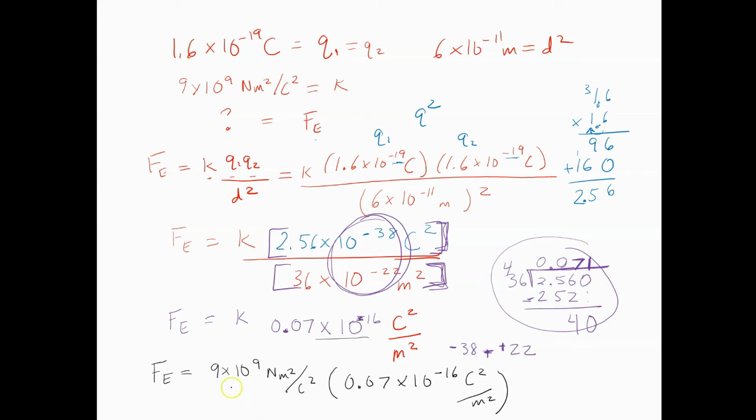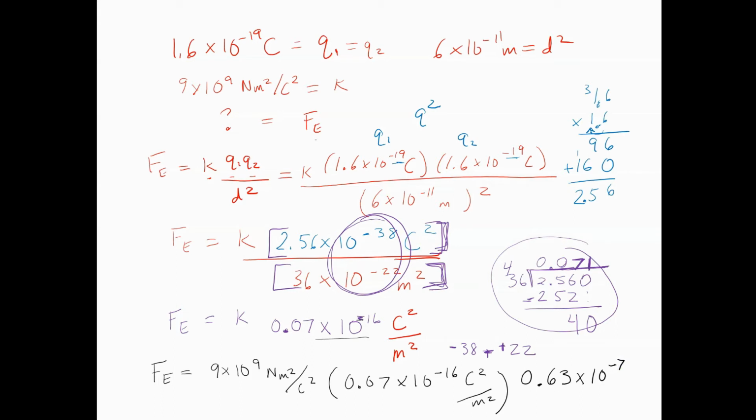So multiplication, 9 times this 0.07. Well, 9 times 7 is 63. Now I have 2 decimal places, times I have 10 to the 9th and 10 to the negative 16. Because I'm multiplying exponents, you actually add them. 9 plus negative 16, 10 to the negative 7.